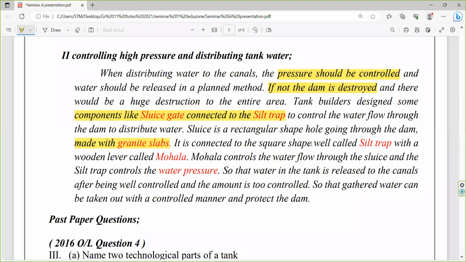It is connected to the square shaped well called the silt trap. And you are also writing about Mohal, the wooden structure inside this silt trap, and it controls the water pressure. Silt trap is controlling water pressure. Right. So these things should be included in your answer. If not, marks are not given properly.